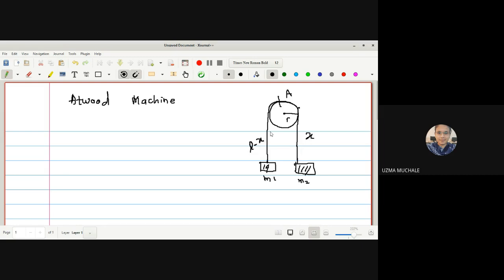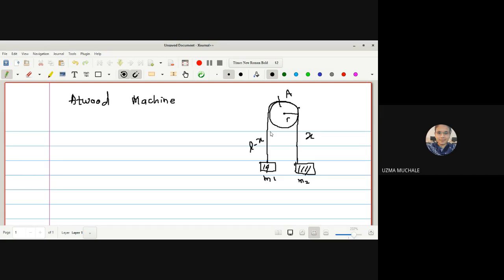So what is the construction? It consists of two masses M1 and M2 connected by an inextensible string, which passes through a frictionless pulley of radius r.